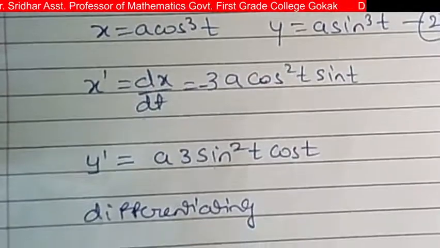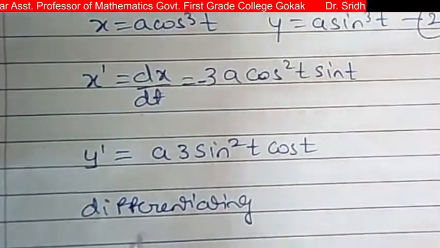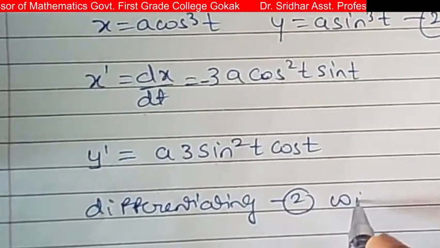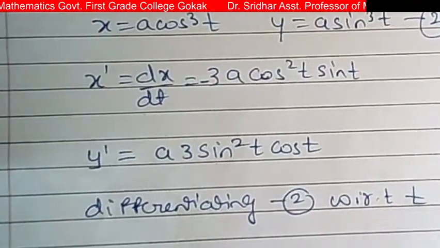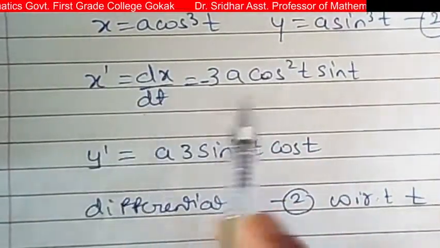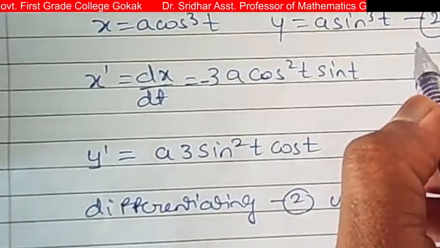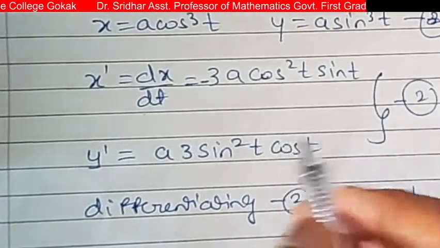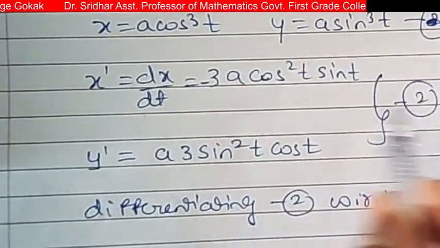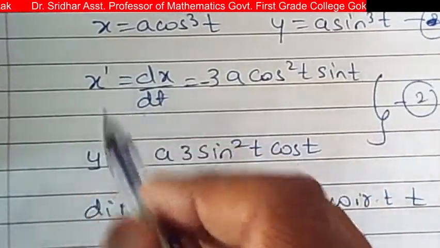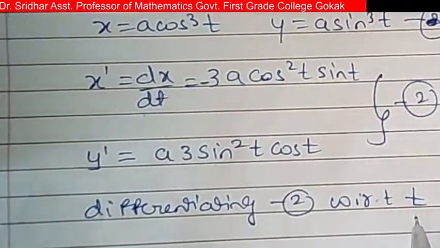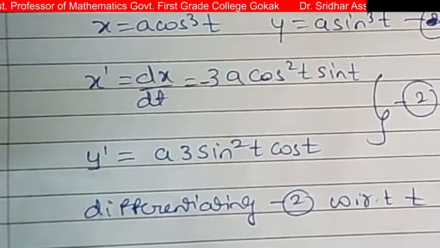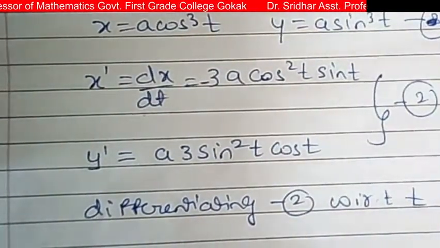Now differentiating equation 2, that is x dash and y dash, with respect to t.